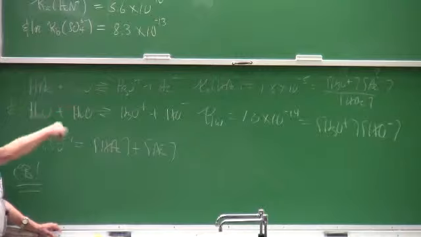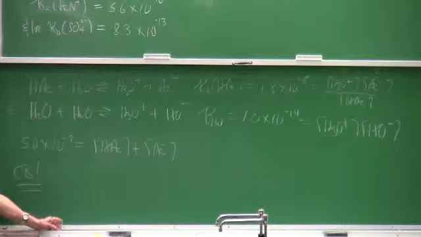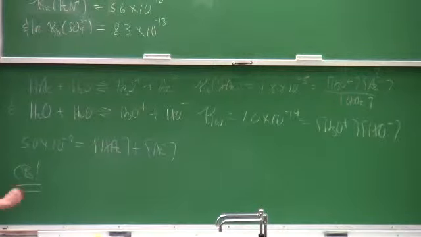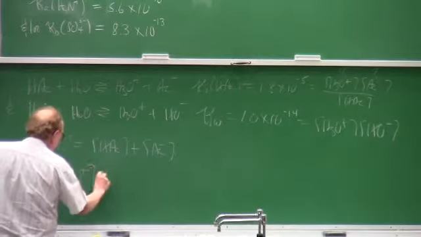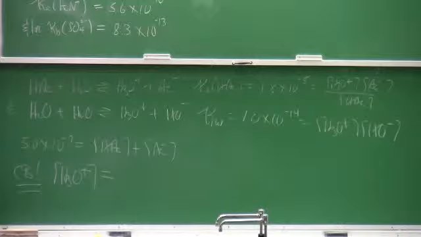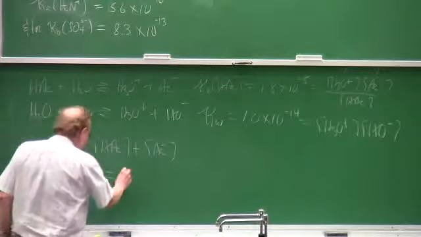In this system, my very dilute acetic acid solution, what's the only positive ion? Hydronium ion. And in this system, how many negative ions do I have? Two. Well then, let's write it.